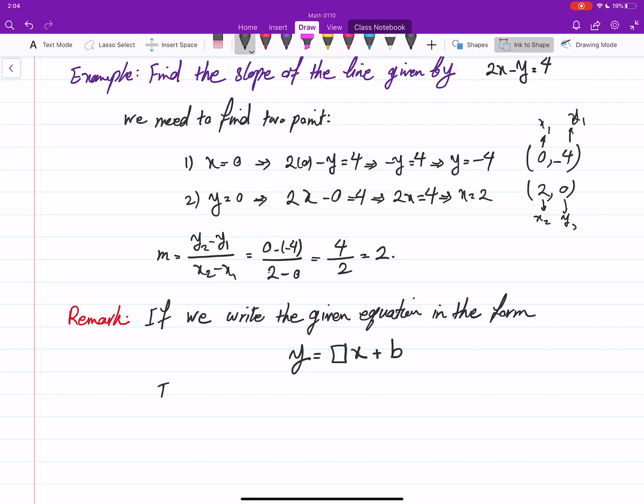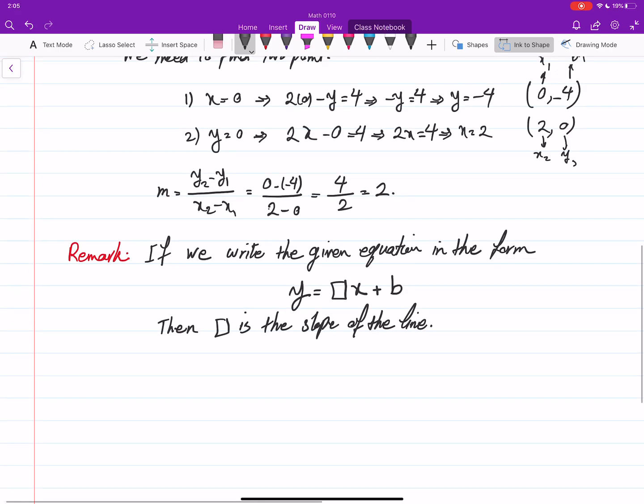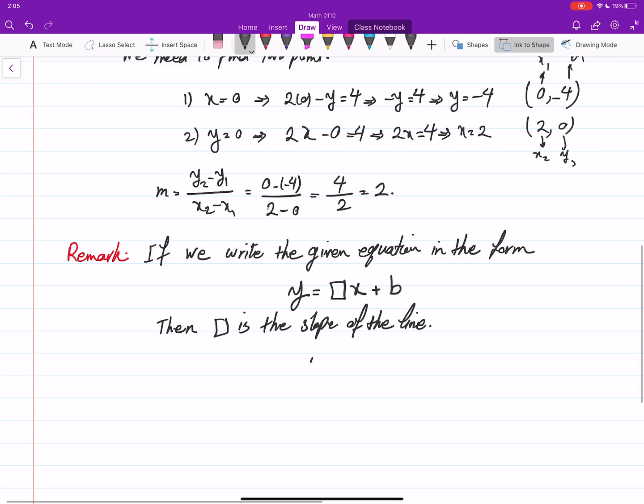Then whatever that number is, that is the slope of the line. In other words, when you write the line in this form, you will have m times x plus b.